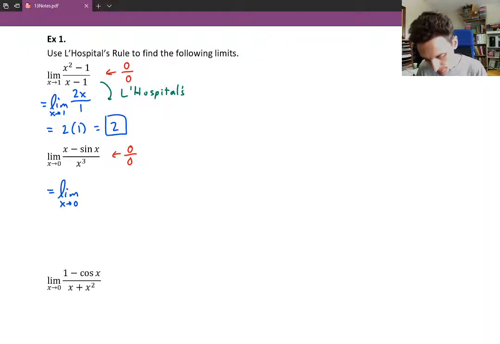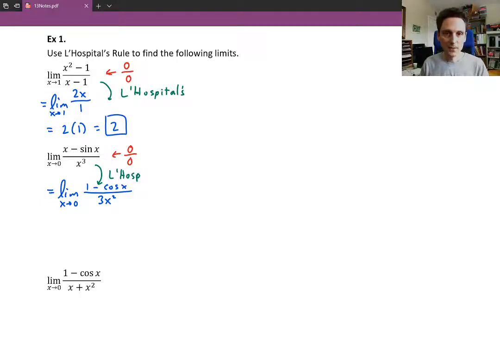We'll just write from here to here. We're using L'Hopital's rule. I'll just abbreviate it with LOP. We take a LOP. So that'll be 1 minus cosine x on the top, and then 3x squared on the bottom.